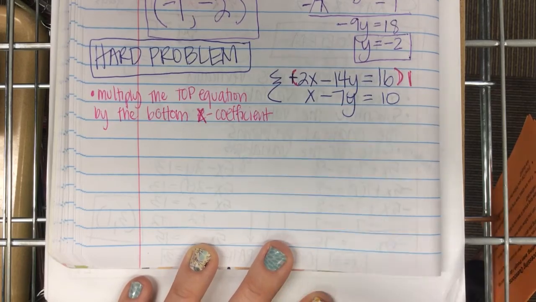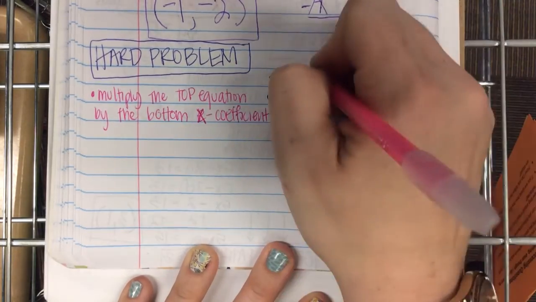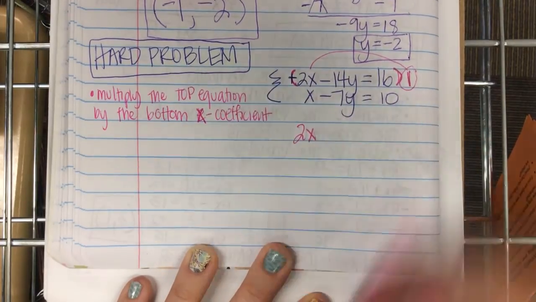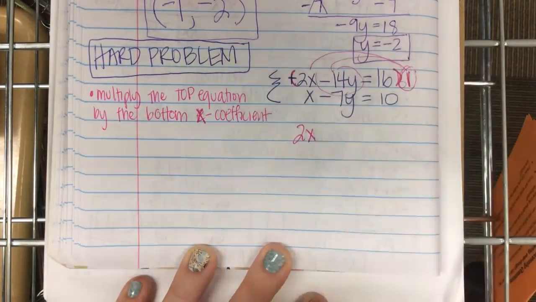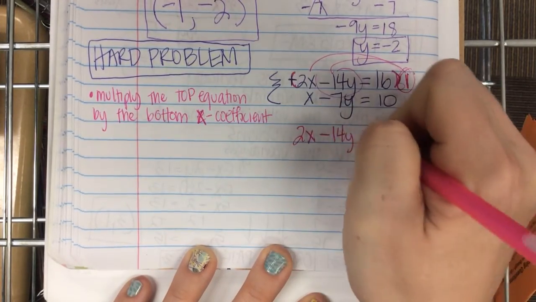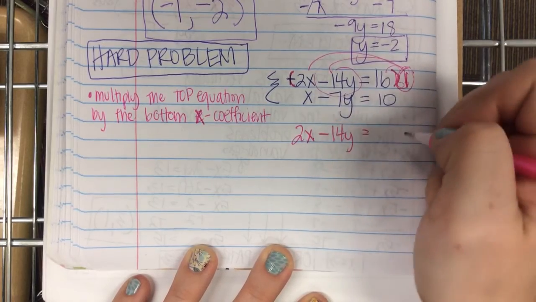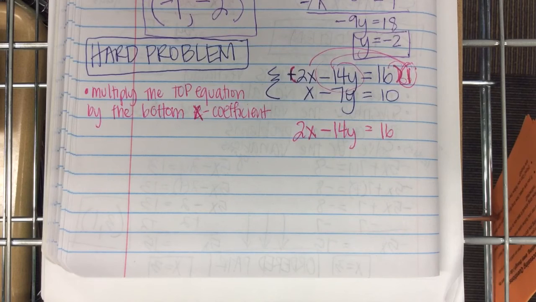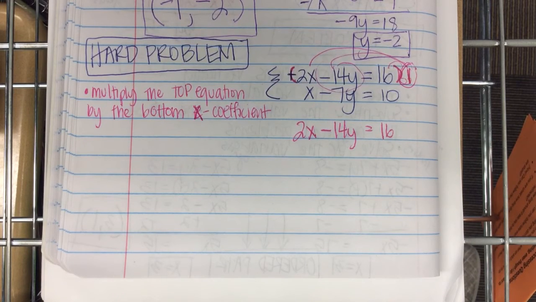And for the sake of our notes, let's talk it through. 1 times 2x is 2x. 1 times negative 14y is negative 14y. Equals 1 times 16 is 16. Multiplying by 1 doesn't really change anything. But is your x coefficient always going to be 1? No.